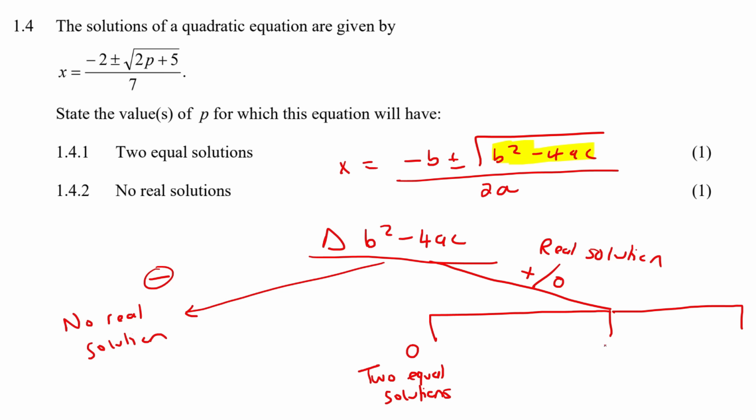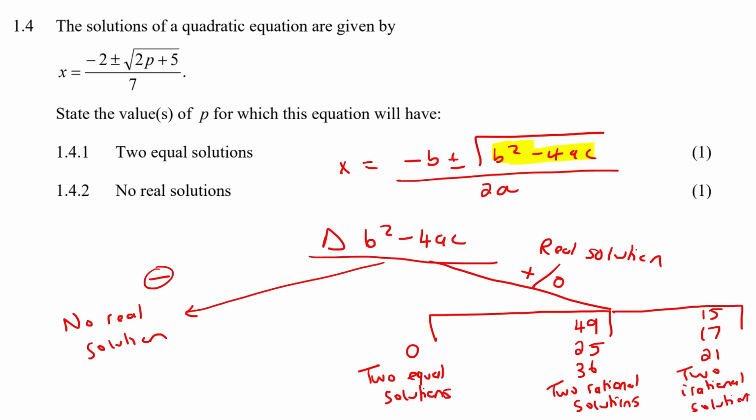Okay, if the answer is a square number, like 25, 36, 49, square numbers, 7 squared, 8 squared, 9 squared, then we call it 2 rational solutions. And then if you get any other number like 17, 21, 15, any number that's not a perfect square, then we say 2 irrational solutions.